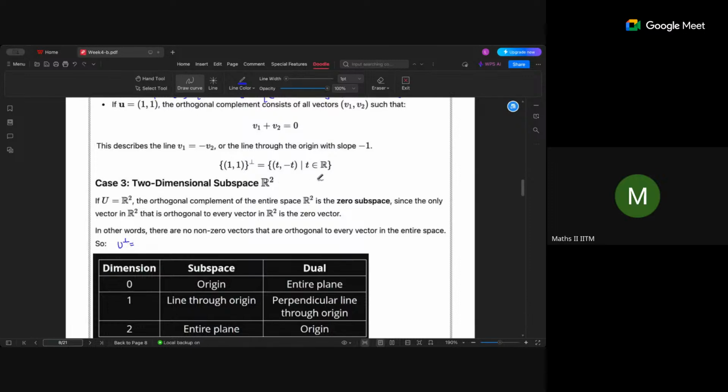U perp here by definition is the set of all V in R2 such that V dot U is equal to 0 for all U in R2. What is the vector which satisfies this property for all the vectors U in R2?